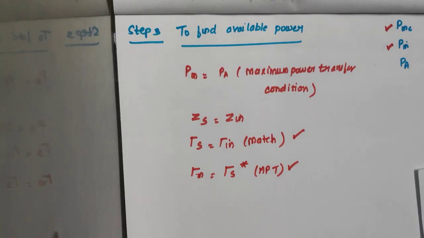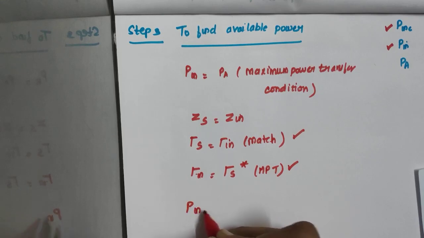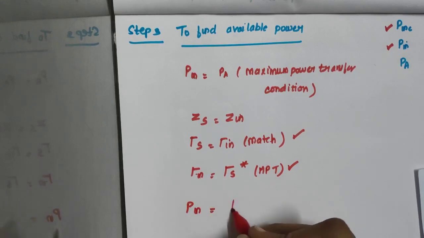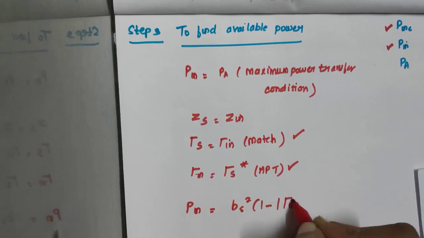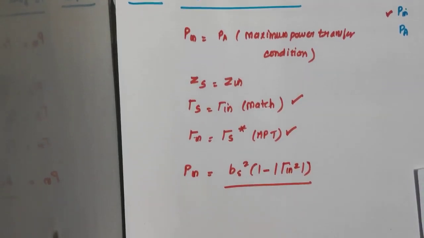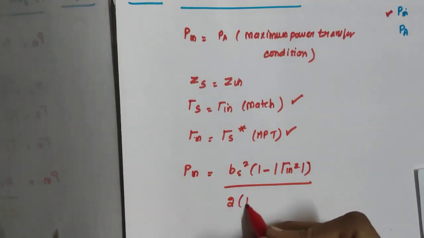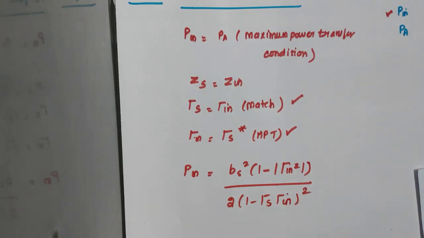Now coming to the calculation of available power, we already found the input power from equation 4: it was B square into 1 minus mod of tau in square divided by 2 into 1 minus tau s into tau in the whole square.